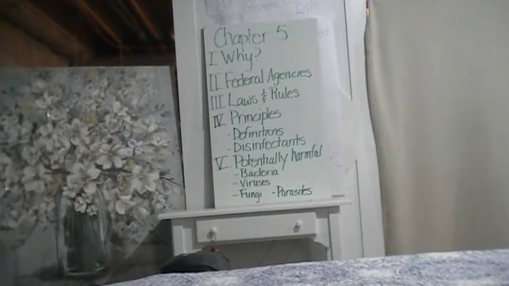Okay? Laws and rules. Laws are made by federal and state legislatures. They determine your scope of practice, and they establish guidelines for regulating the agencies. Rules and regulations are more specific than laws. They establish specific standards of conduct and can be changed or updated frequently.